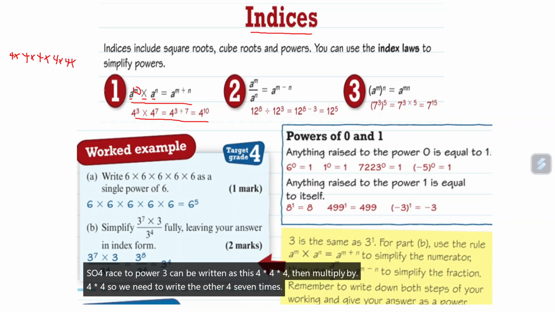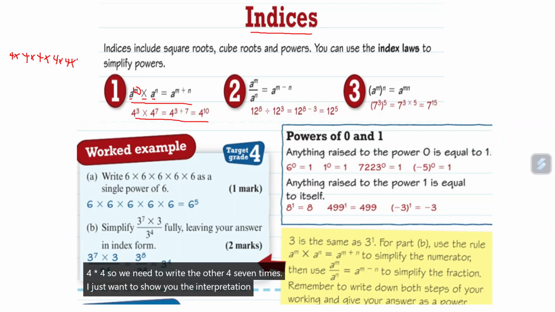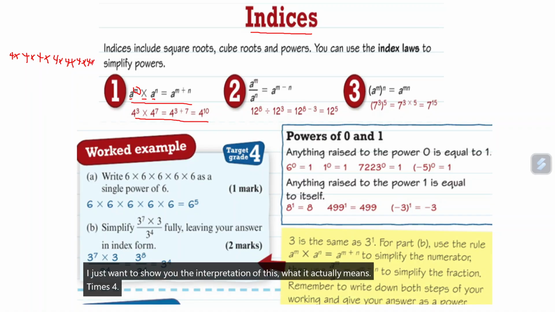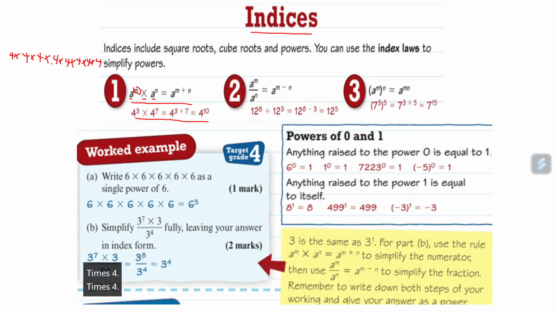I just want to show you the interpretation of this, what it actually means. So let's count all the fours all together: 1, 2, 3, 4, 5, 6, 7, 8, 9, 10.